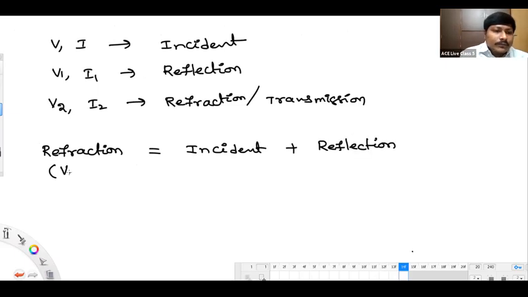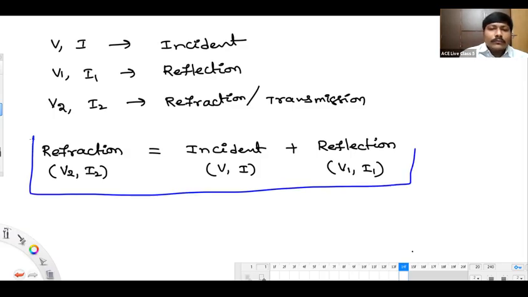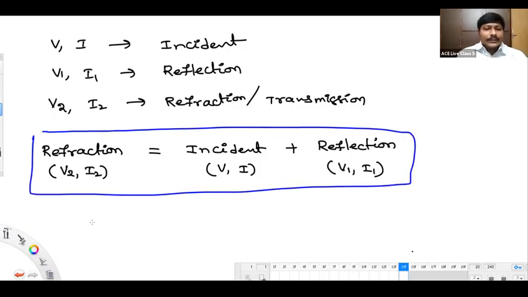So refraction V2, I2, incident V, I, reflection V1, I1. Like this, you can say.